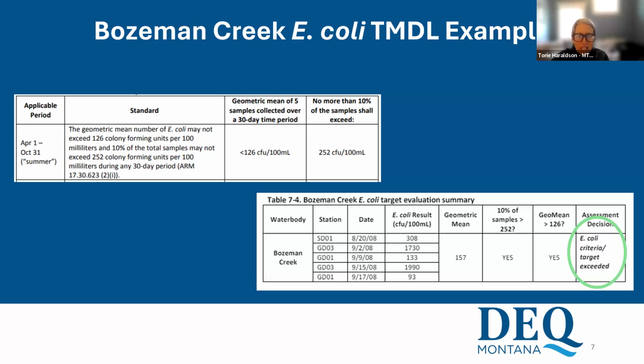And some calculations go into it, geometric means from multiple samples. And so to keep it simple, just look at that upper left box that describes the standard. And then the lower right box summarizes the 2008 data from the TMDL, and it supported that impairment listing. So Bozeman Creek still impaired.